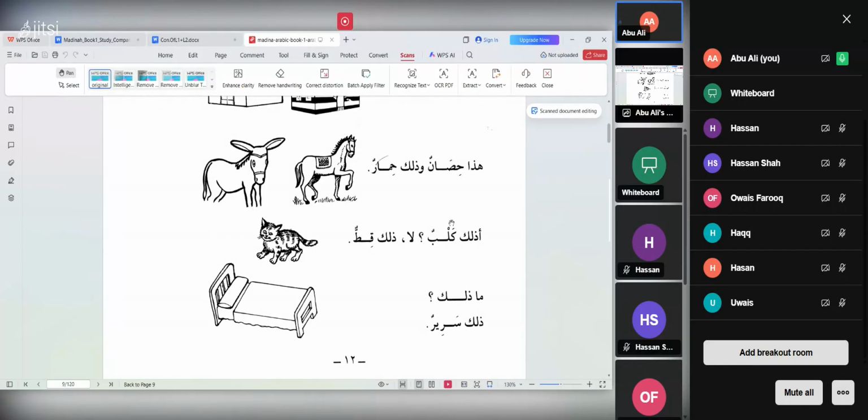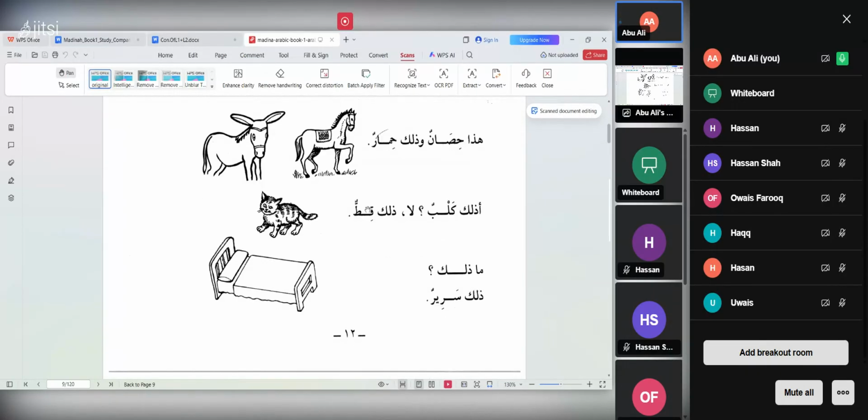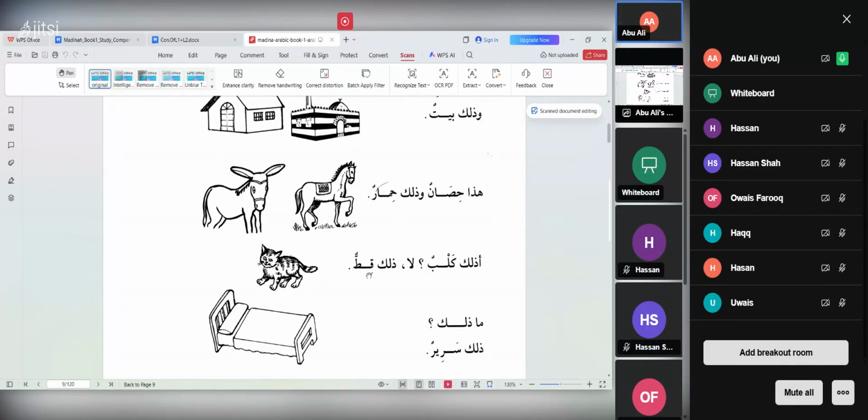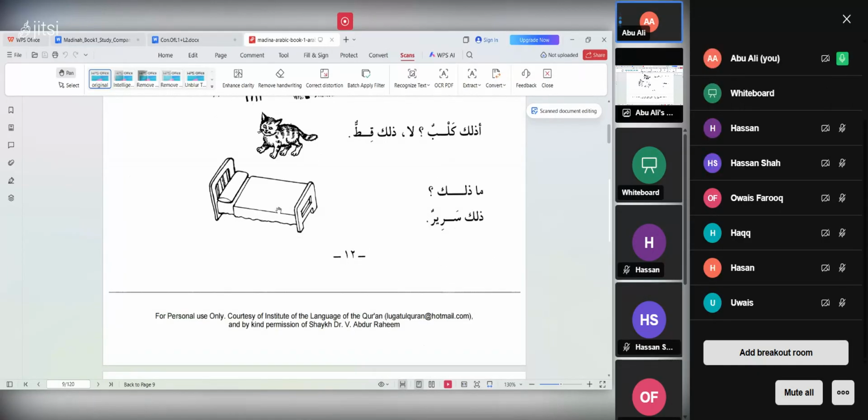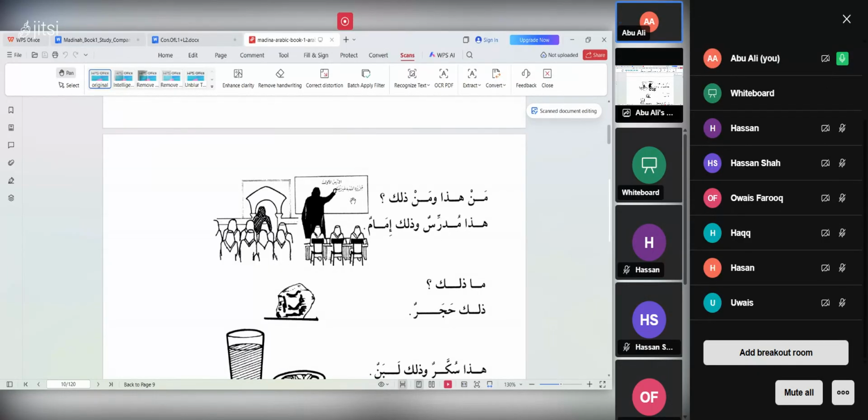By the way, do you use ma or men for dogs and cats and horses and donkeys? Open question 2. Do you use men or ma for dogs, cats, donkeys? You use ma. أحسنت. ما ذلك. What is that? That's a bed. ذلك سرير. من هذا ومن ذلك.